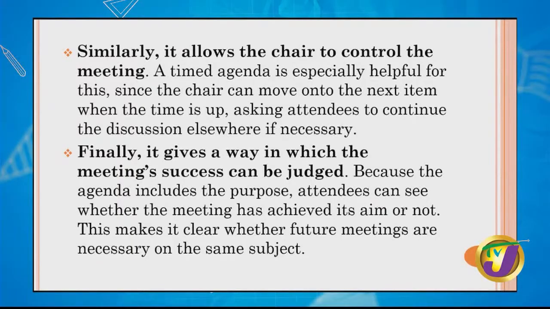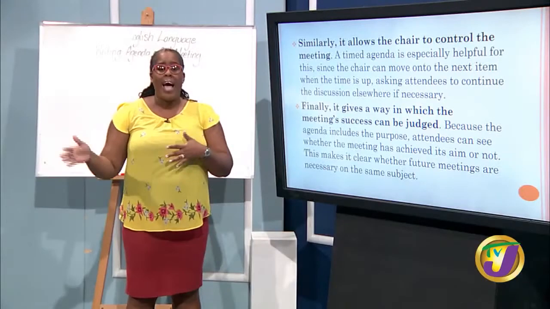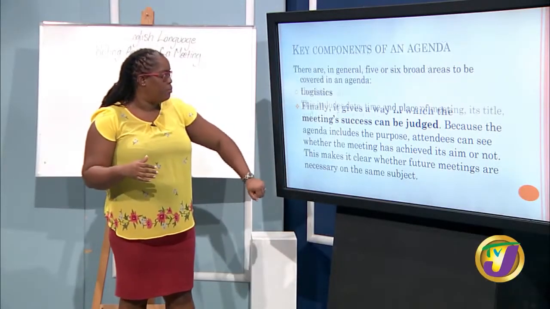This is important because you don't want attendees in the future to opt not to come because the previous meetings were not successful. So you want to ensure that the meeting has achieved its purpose, and you will know that based on what you outlined in the agenda.